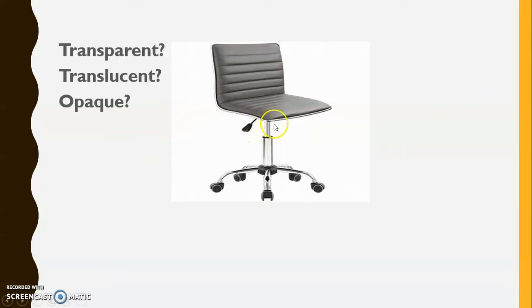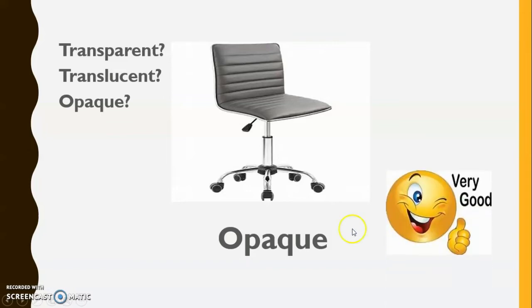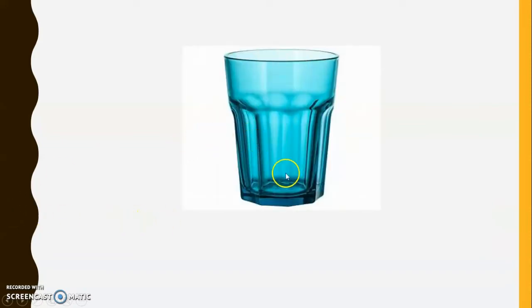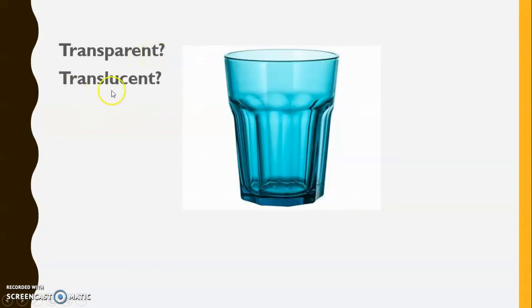What do you call this one? It is an opaque object. Very good. Okay, next, how about this object? It belongs to transparent, translucent, or opaque.